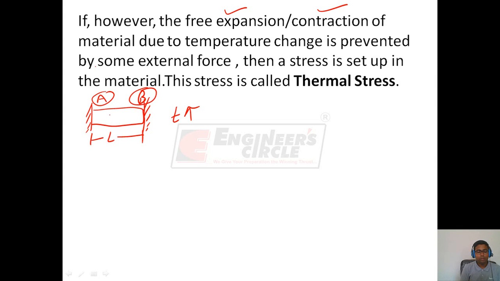Therefore, this bar will be under stress as it is trying to expand, but its expansion is prevented by these ends. These ends will be forcing this bar to maintain length L, but the bar is trying to expand. Due to these forces from the ends, stresses will be set up in the bar AB. These stresses are called thermal stresses because they have been set up because of change in temperature.